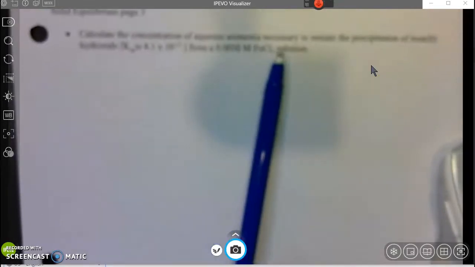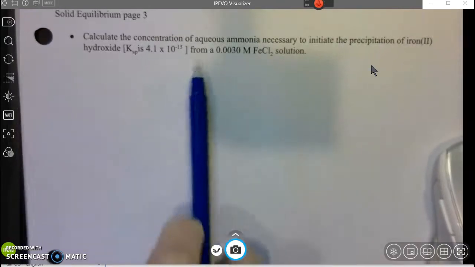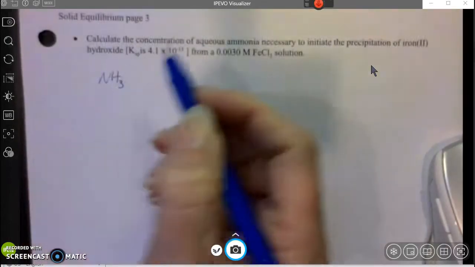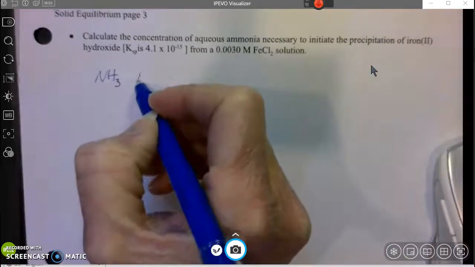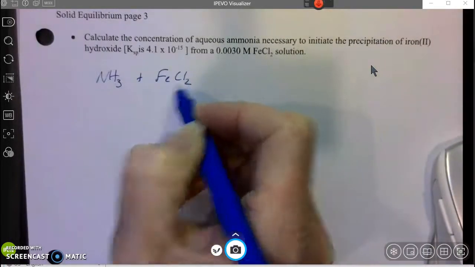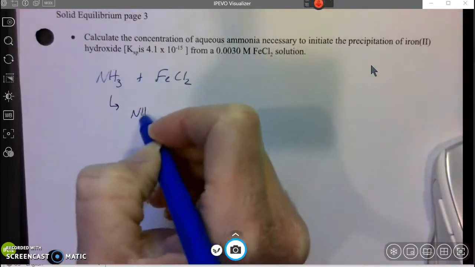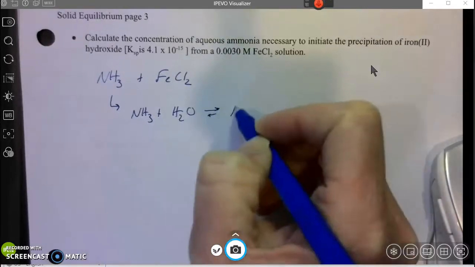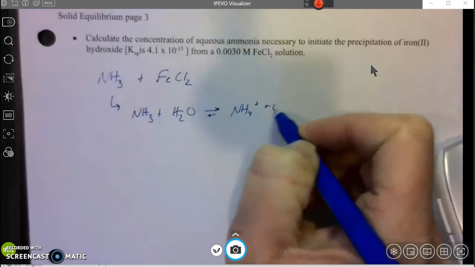Alright, this time we're going to look at calculating the concentration of aqueous ammonia necessary to precipitate iron(II) hydroxide. So the first thing you might have to think of is, what is NH3 doing with FeCl2? Remember, this is going to react with water to form ammonium and hydroxide.